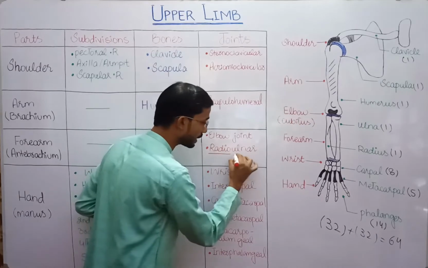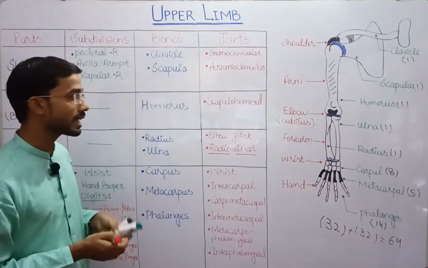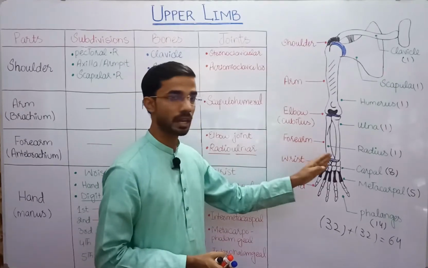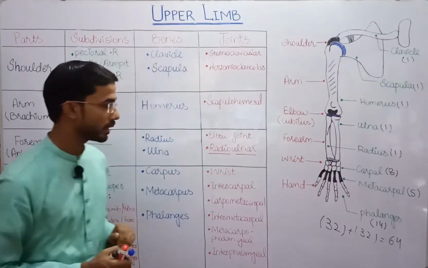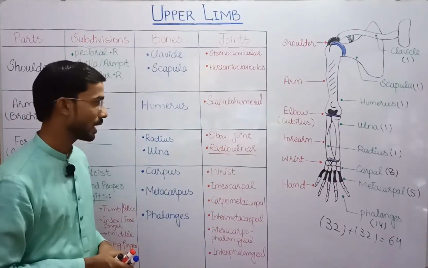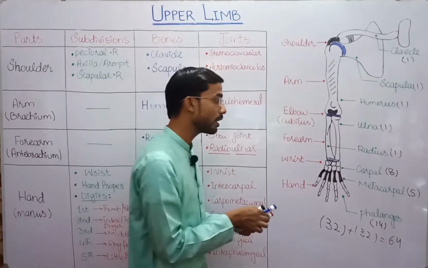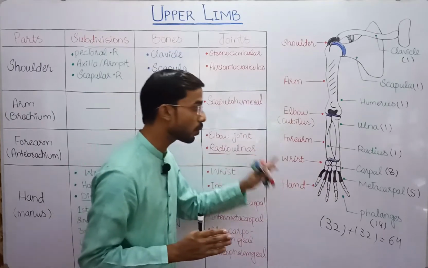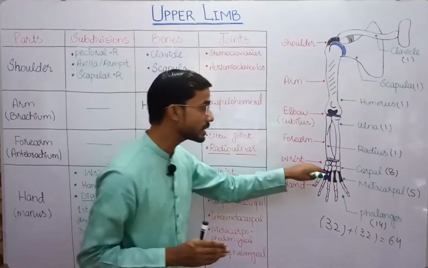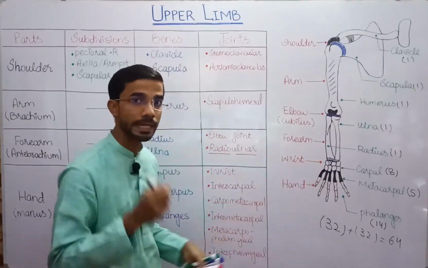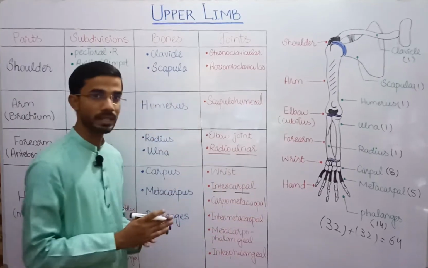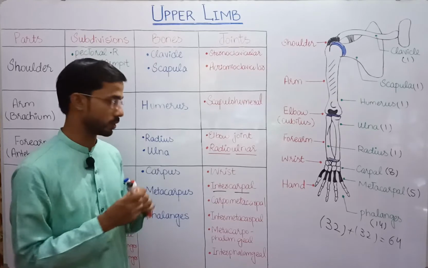Next is the wrist. The joint between the radius, ulna, and the carpal bones is the wrist joint. And there are several joints present between the carpal bones, called intercarpal joints.